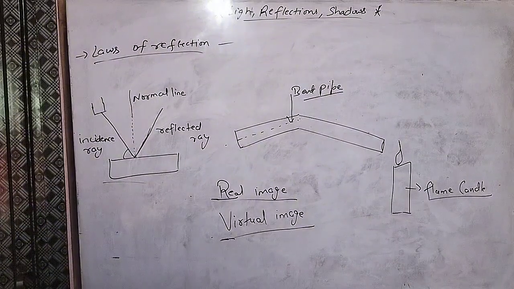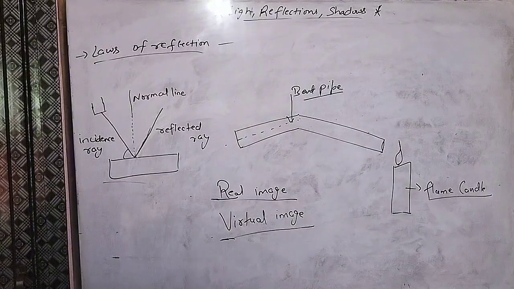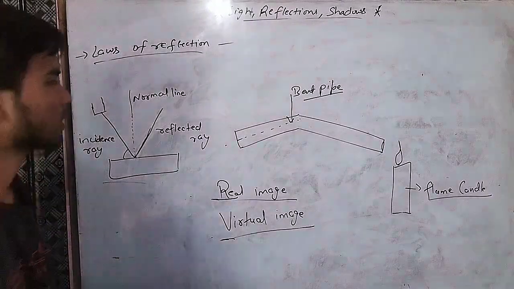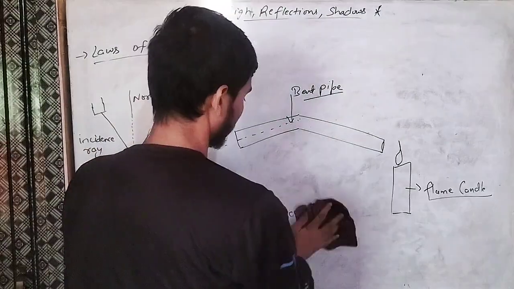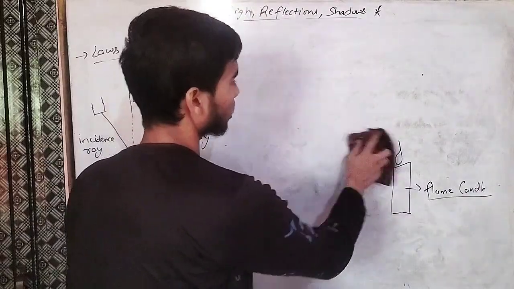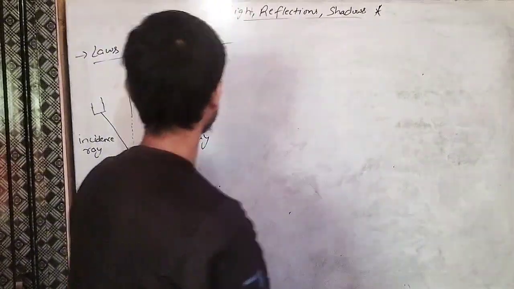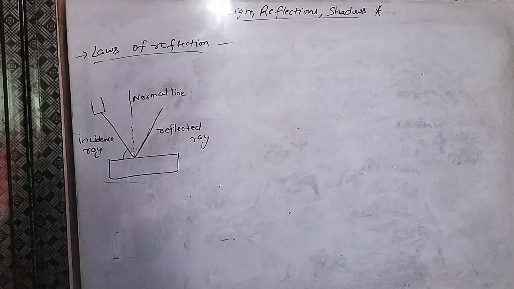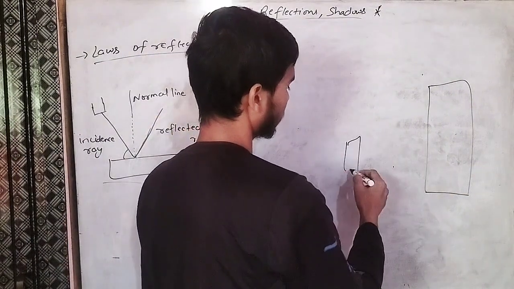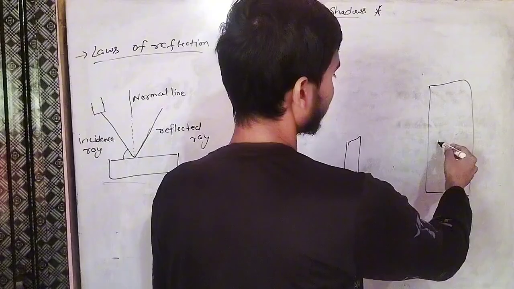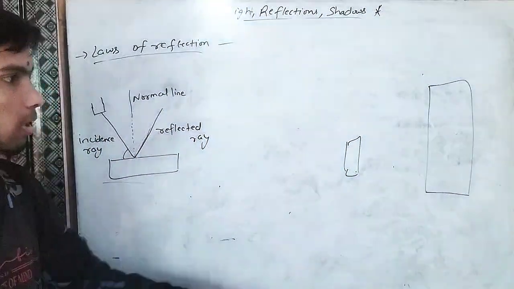Characteristics of images formed by a plane mirror. We tried to understand that light travels in a straight line. Now let's understand some characteristics of images. This is a plane mirror, and inside it we see our image, as we were discussing.